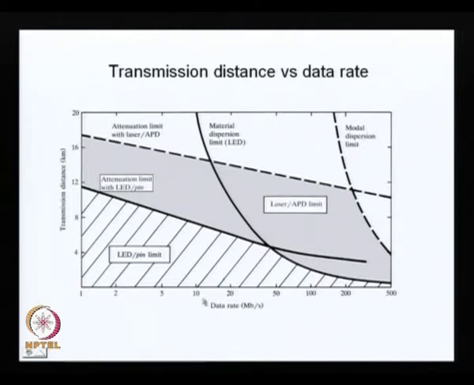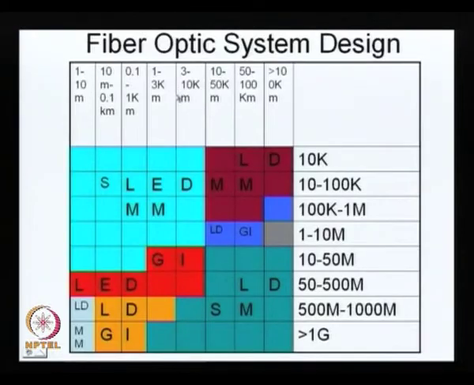So, this plot essentially tells you that for different combinations of sources and the detectors, you can have different transmission distances. The same thing essentially has been summarized into this slide here.